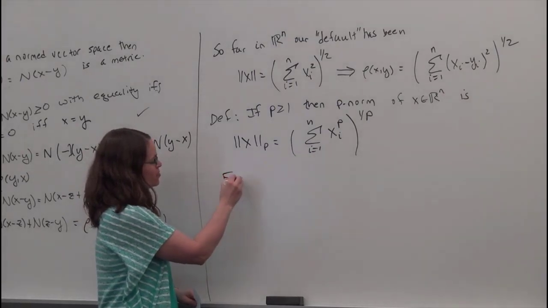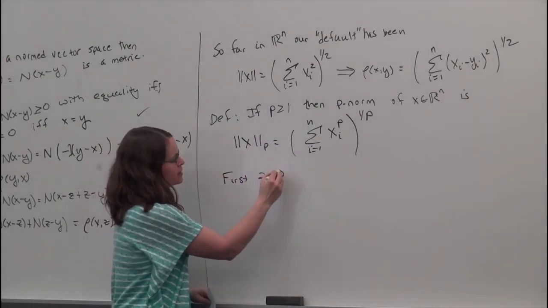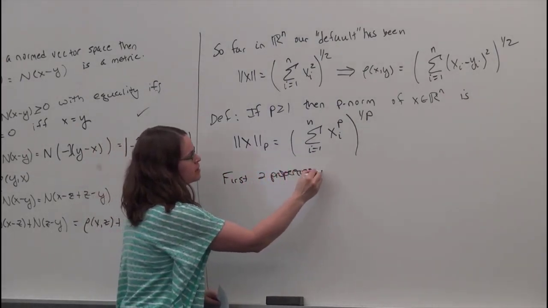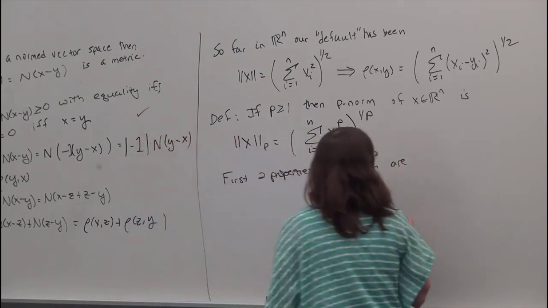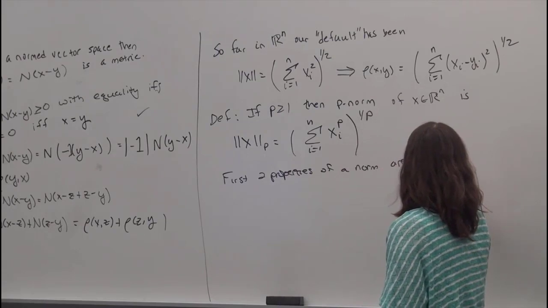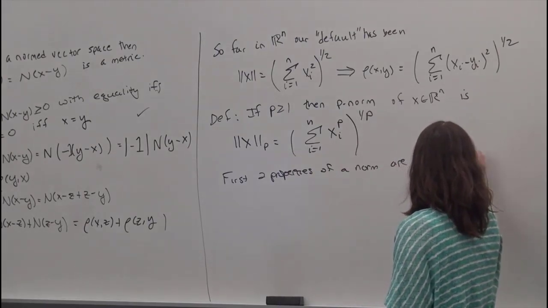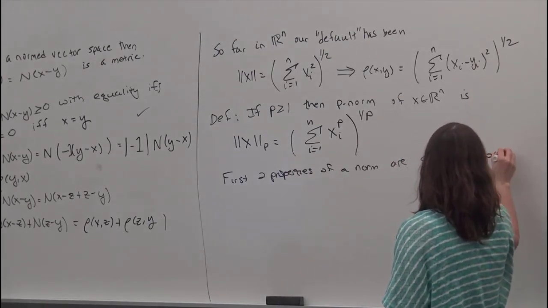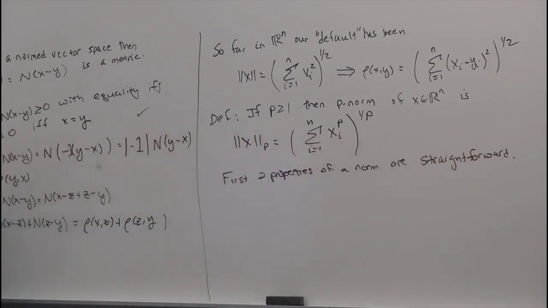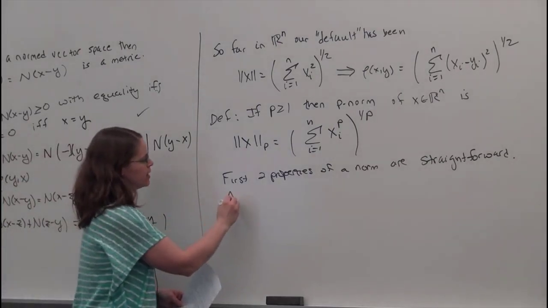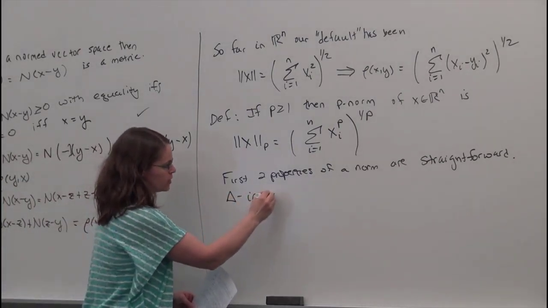The first two properties of our norm are fairly straightforward. Then the triangle inequality is where all the work usually goes.